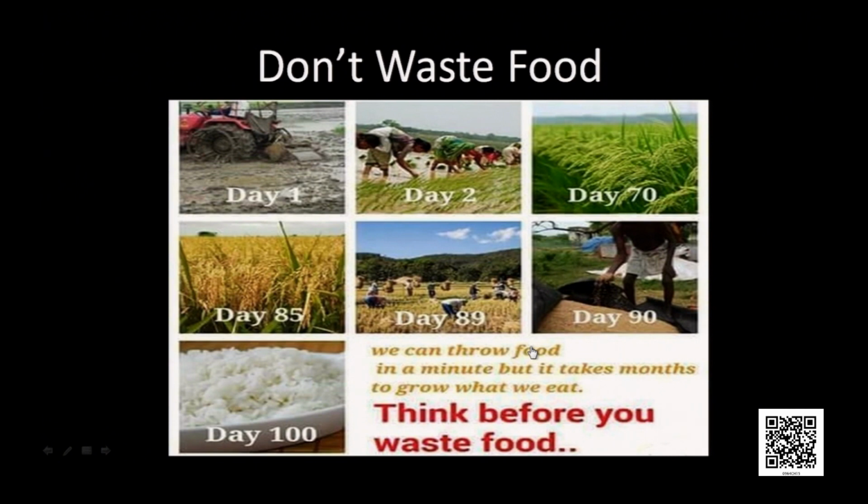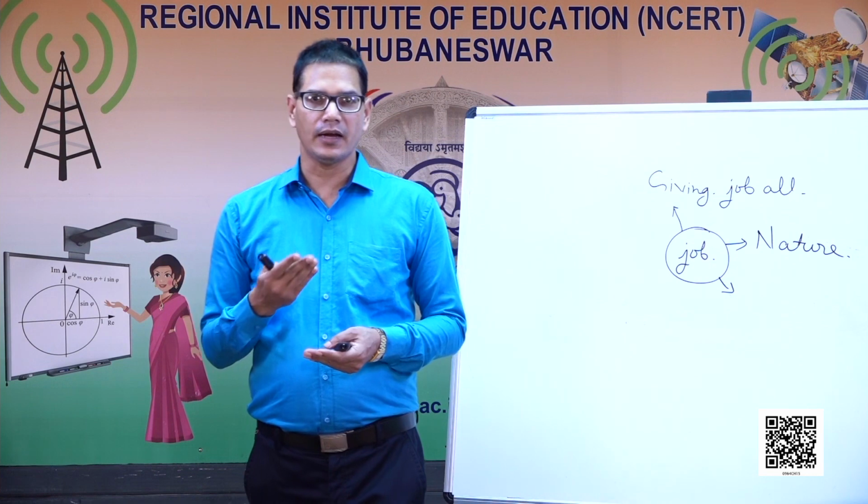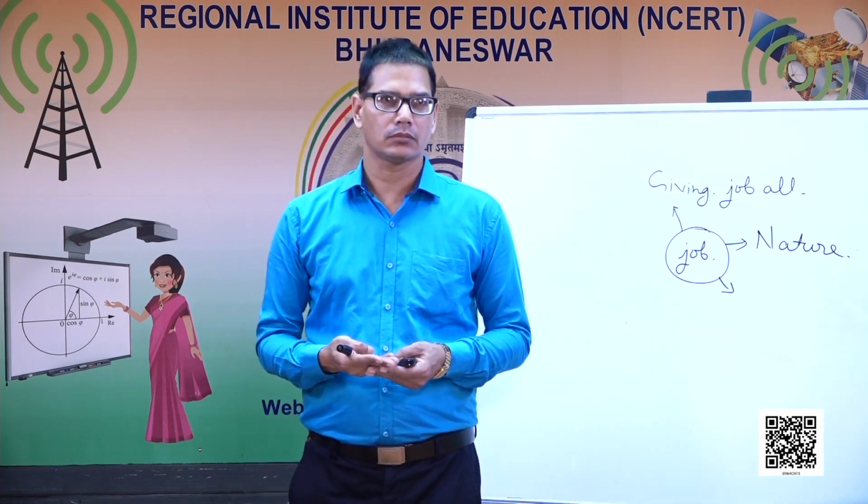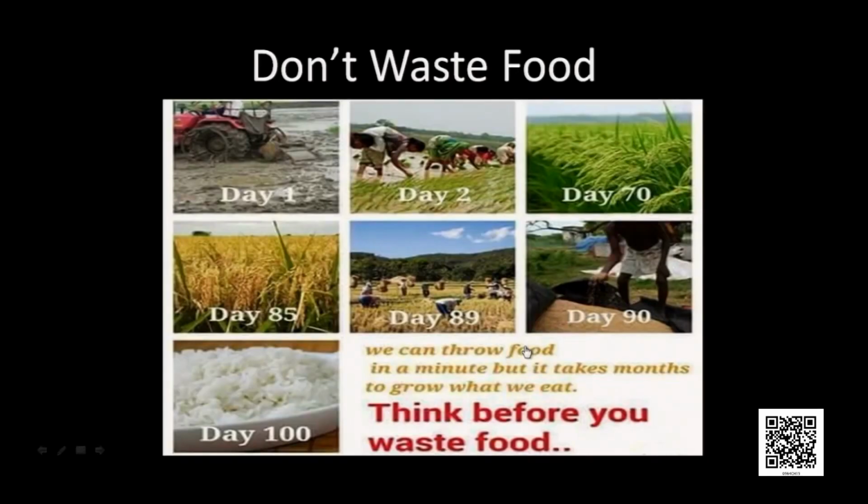Day 2, crop is sown, and on day 70 the crop is prepared, and on day 85 it becomes ready for harvesting. On day 89 it is ready to take away from the field, and on day 90 it comes to the market, and on day 100 it comes to your plate.